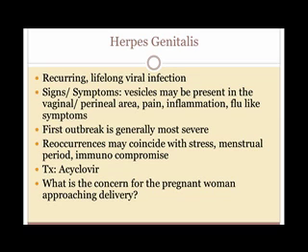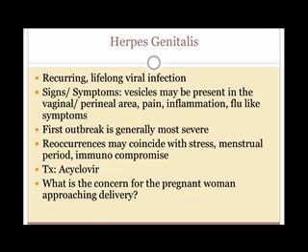The first outbreak is generally the most severe. During outbreaks, we see vesicles forming, or blisters, and they're present in the vaginal or perineal area. Oftentimes when these blisters rupture, they can cause pain and inflammation, and the patient may report flu-like symptoms. Reoccurrences may occur.